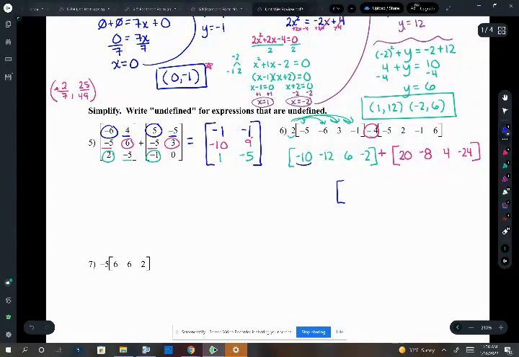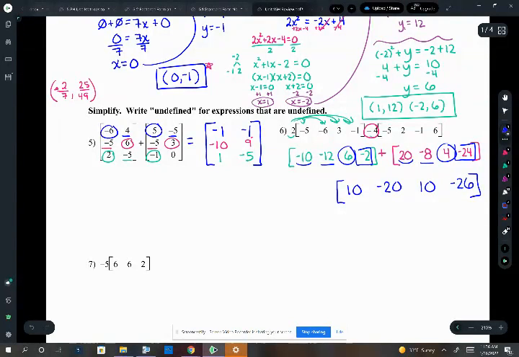So I'm going to go negative 10 plus 20, which is 10. I'm going to go negative 12 plus negative 8, which is negative 20. I'm going to go 6 plus 4, which is 10. And then we're going to go negative 2 plus negative 24, which is negative 26.